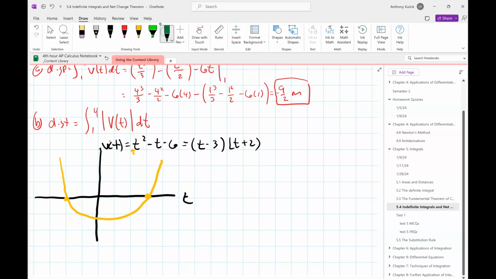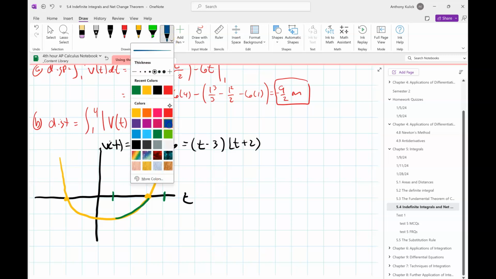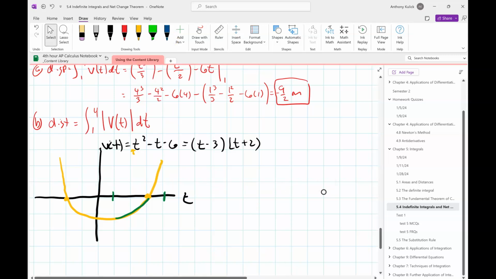So we're worried about from 1 to 4. What part of our velocity function is negative from 1 to 4? From 1 to 3, right? And what part of our velocity function is positive? 3 to 4.